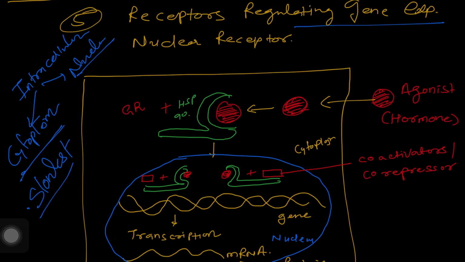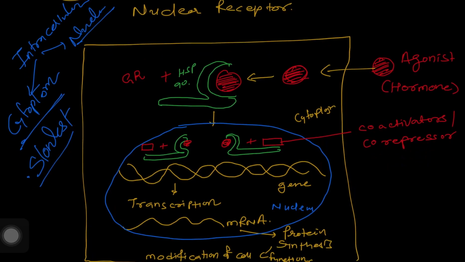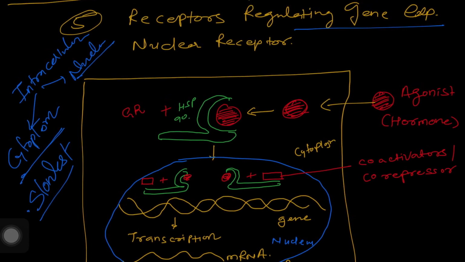So the best example is glucocorticoid receptors. Glucocorticoid is a hormone and its receptors are basically these intracellular kind of receptors. So let's take an example of these glucocorticoid hormones, which act as an agonist. But here the receptor is not on the cell membrane, the receptor is inside.